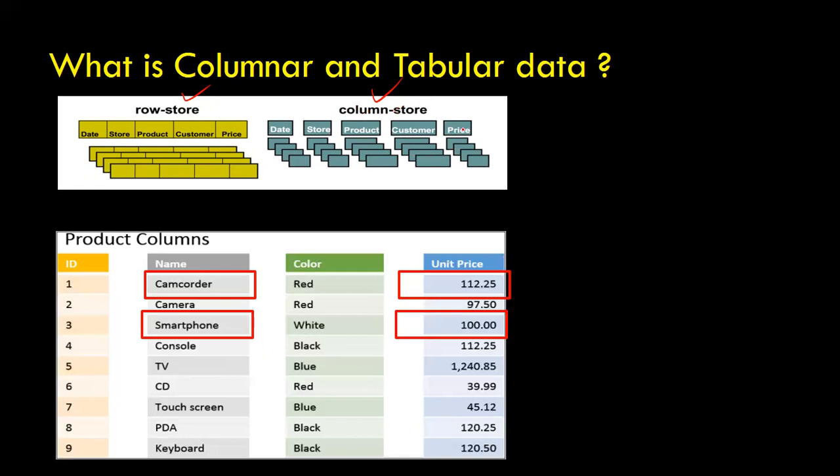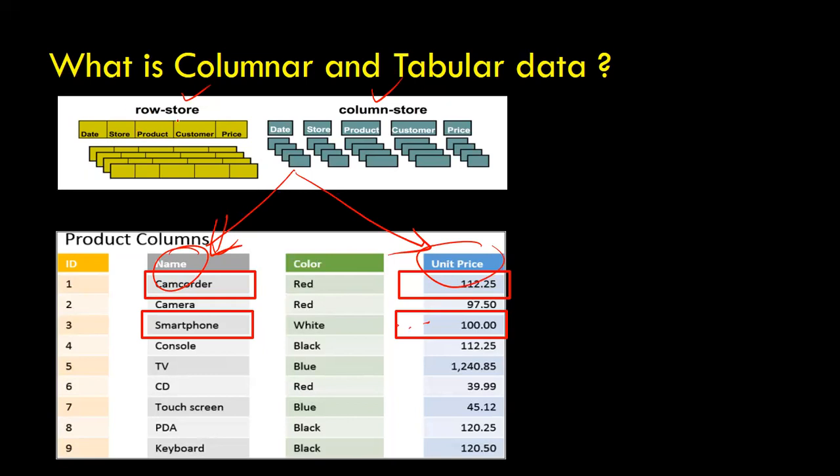Supposing you have 100 columns in your data set, and as per your DAX query it requires only two columns, name and unit price, a subset of the data. In that case, your DAX query will hit only these two columns.